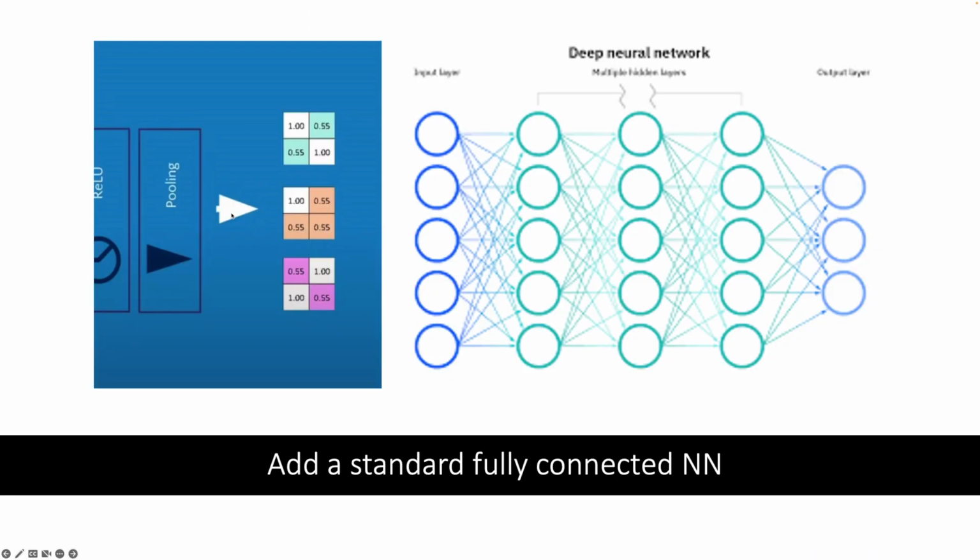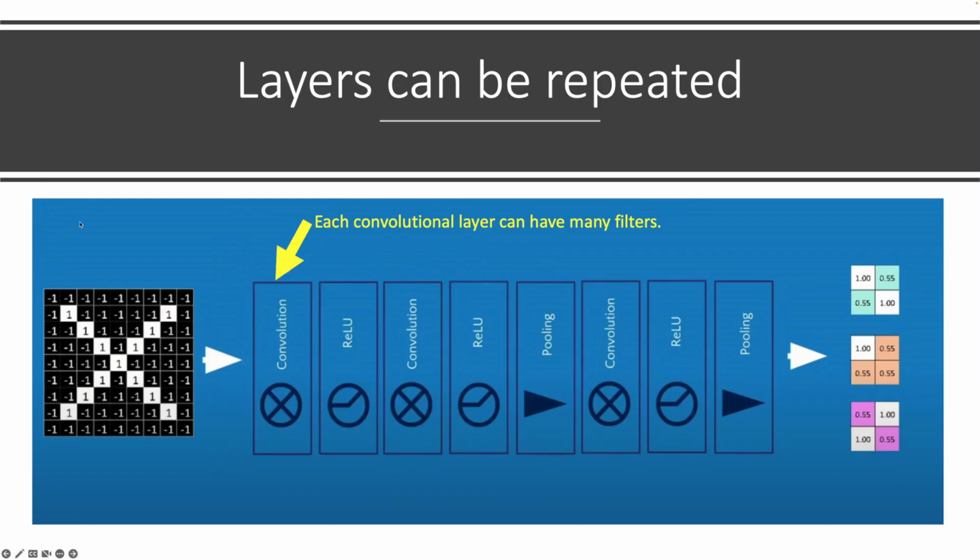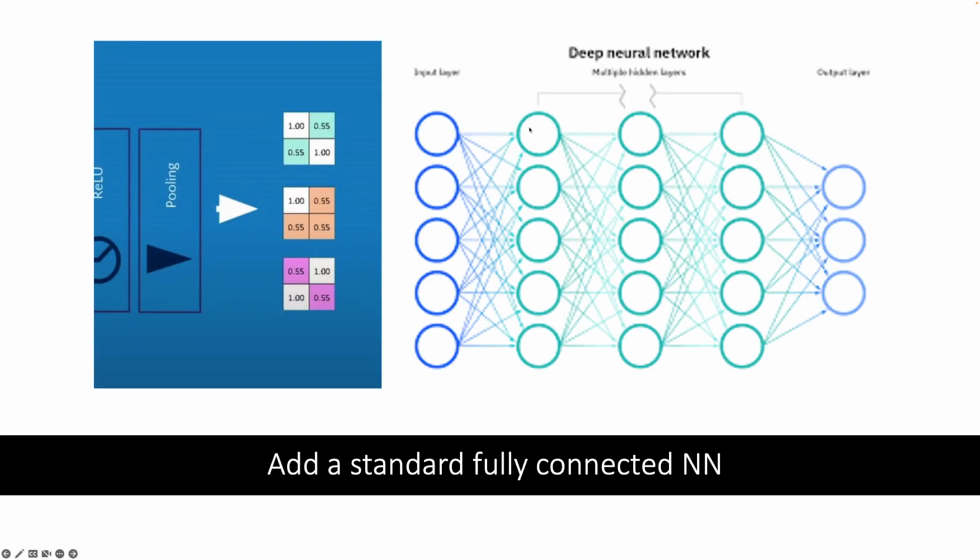So we have this as the beginning, and we end up with just these filtered images. We take those filtered images and run them into a fully connected network, and then we can get some outputs here.